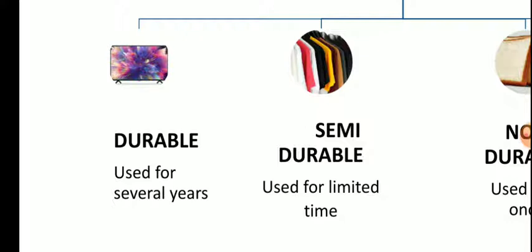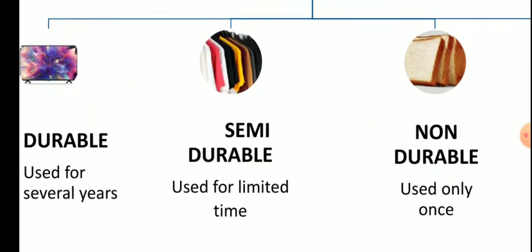Now there is another type of consumption goods, that is semi durable. You can see in the picture there are some t-shirts hanging. These t-shirts are made of cloth, and you can use them for a limited time. If you wash them several times, they will not be like what you got on the first day.